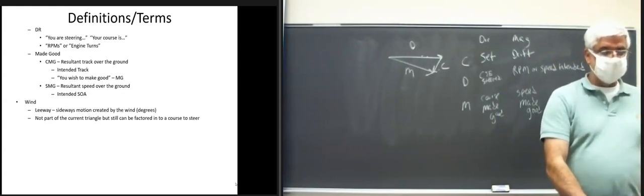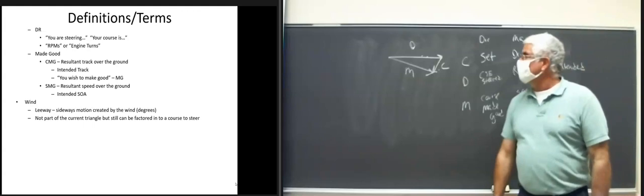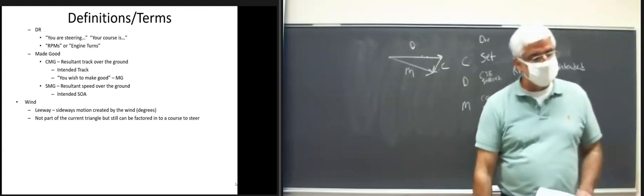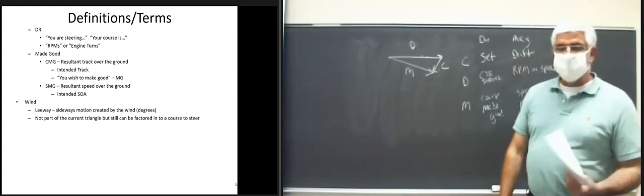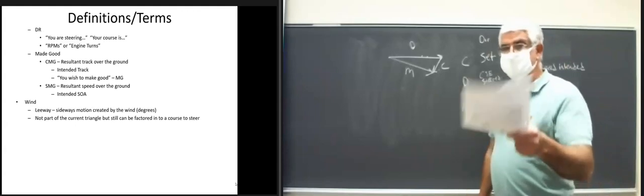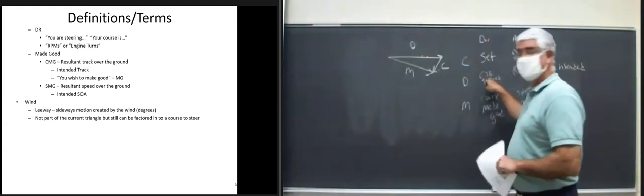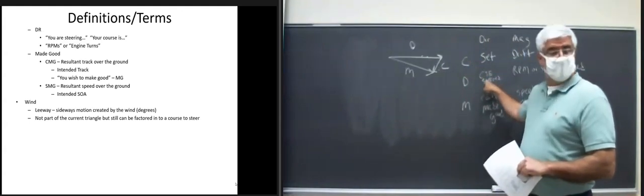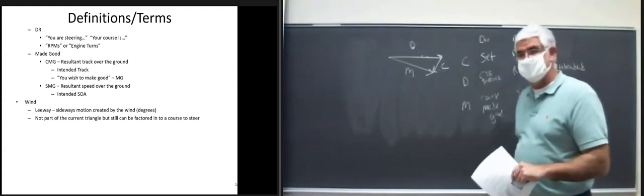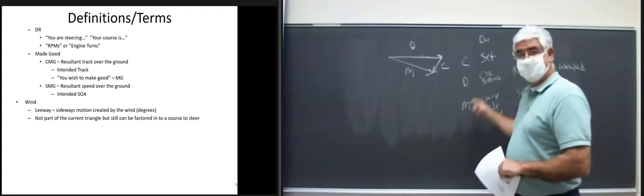So just a little review. Some of these words can get a little confusing when you're reading the problem. If they say you are steering, that's going to be on the DR line. If they say your course is, that's the DR line.